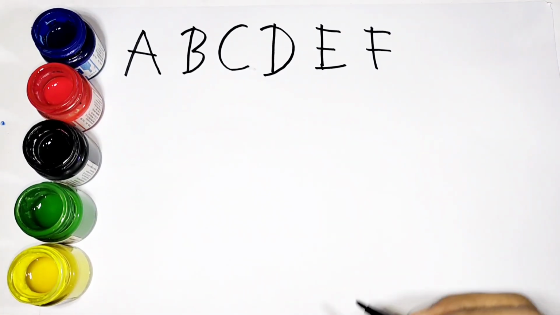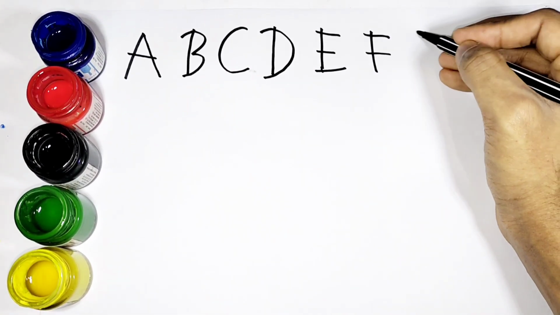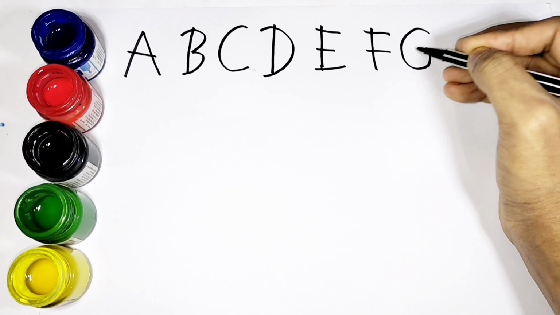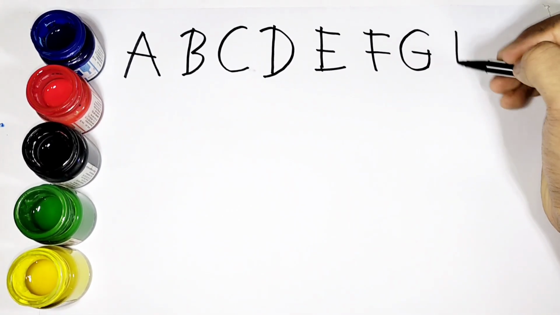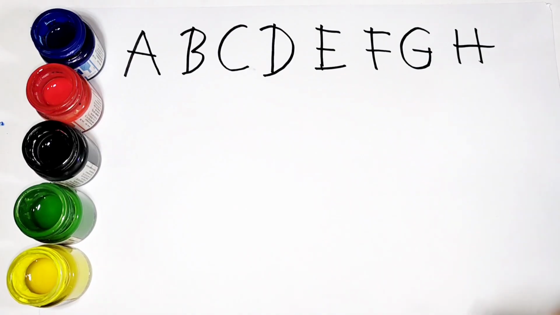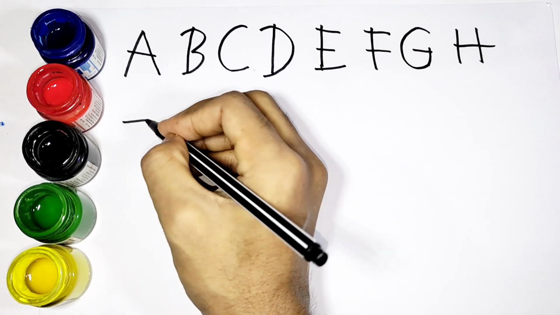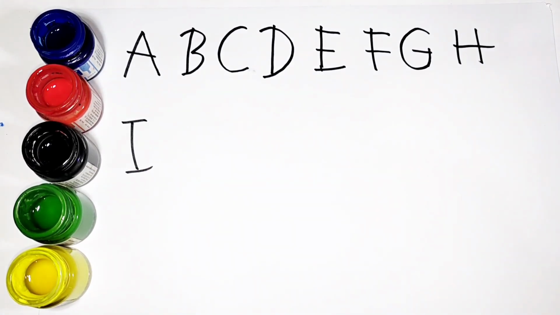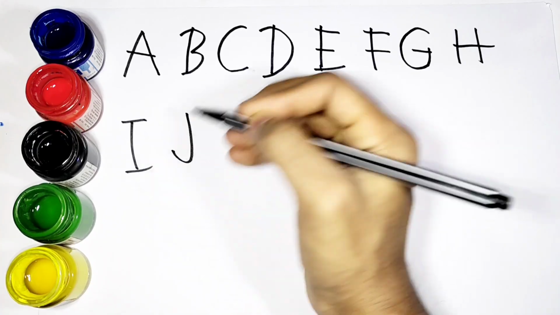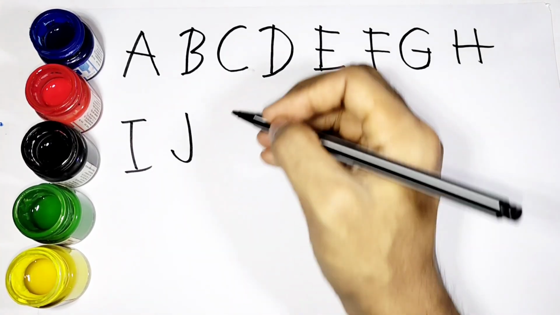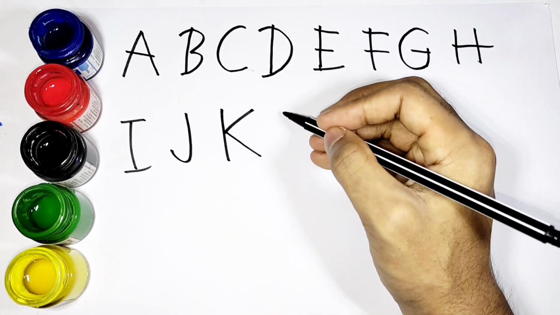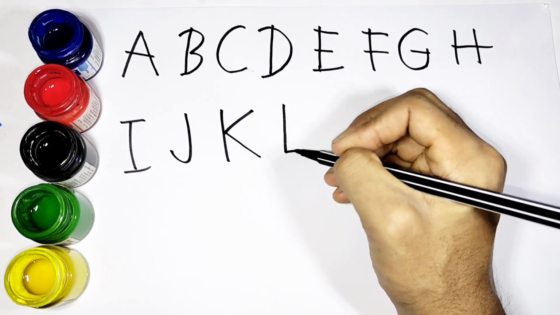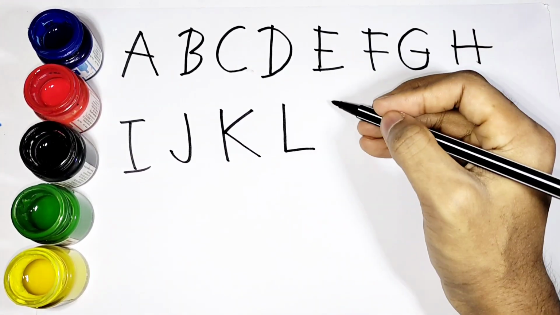And the next one is G. G for God. The next one is H. H for hand. I for eyes. Kids, now we draw J. The next one is K. K for kite. L for lion.